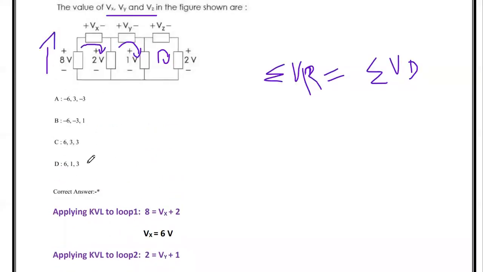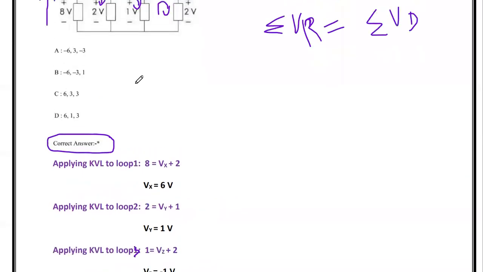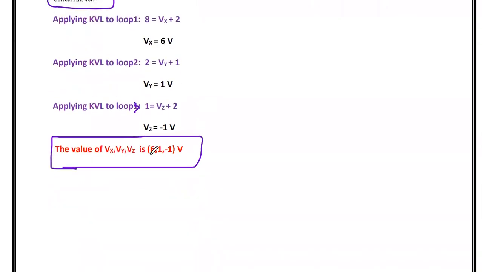So you see the options. Here the options are not given correctly, so this is the grace mark question. The correct answer is 6, 1, minus 1 volt. Whatever answer is marked, you will get the 2 marks. So 6, 1, minus 1 is the correct option.